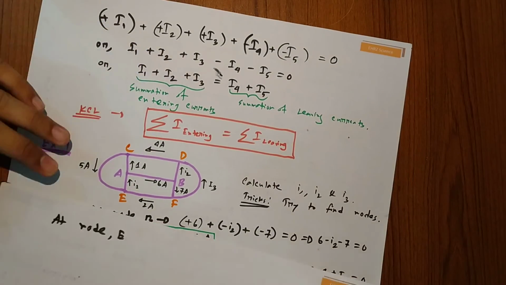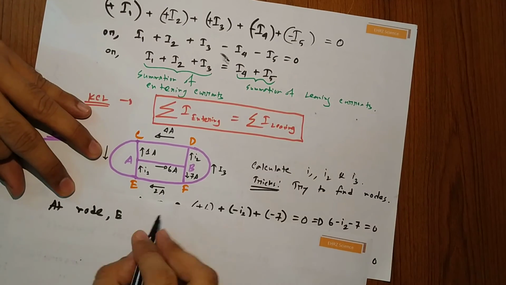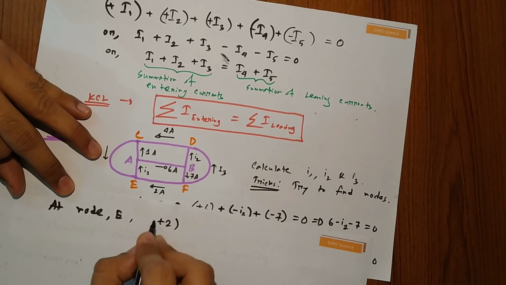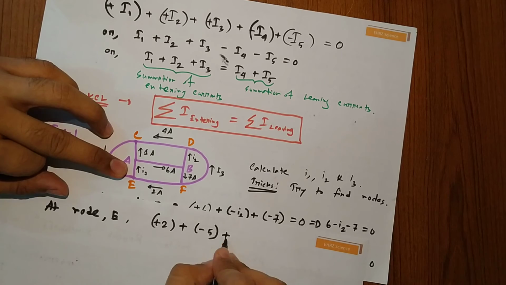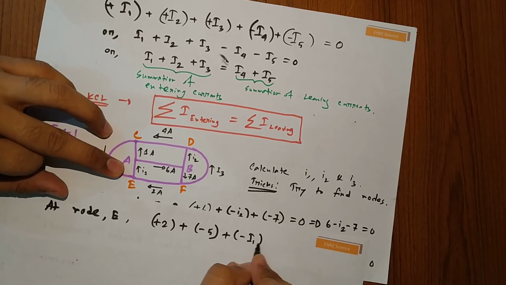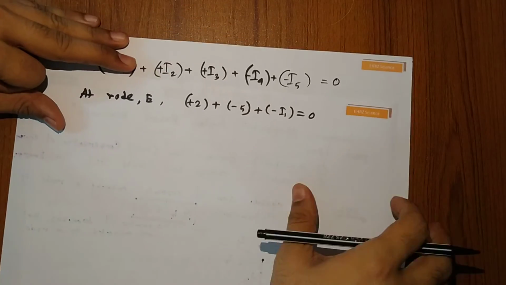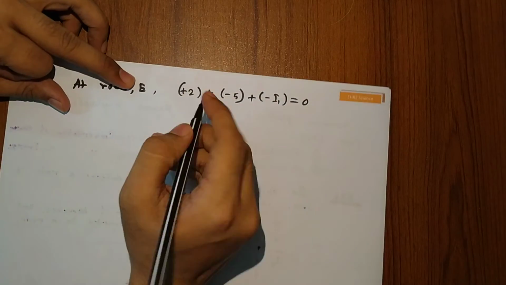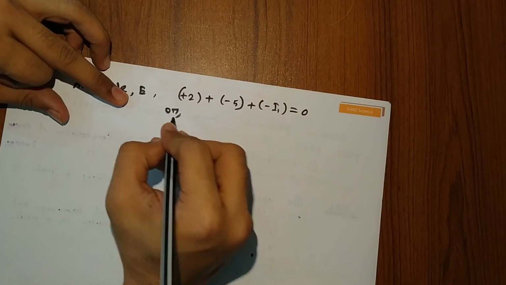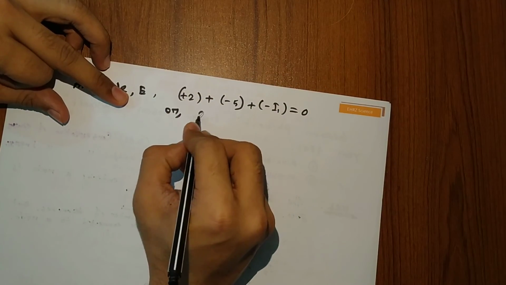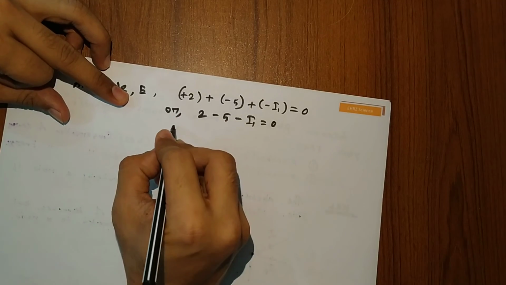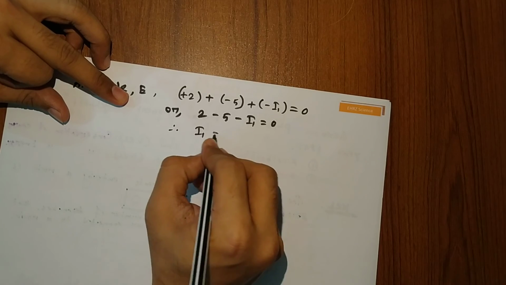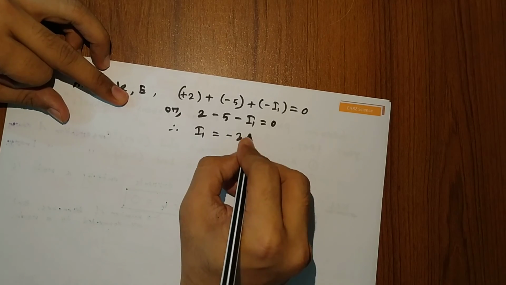So at node E, plus 2 plus 5 minus I1 is equal to 0, which means 2 minus 5 minus I1 is equal to 0. So I1 is equal to minus 3 ampere.